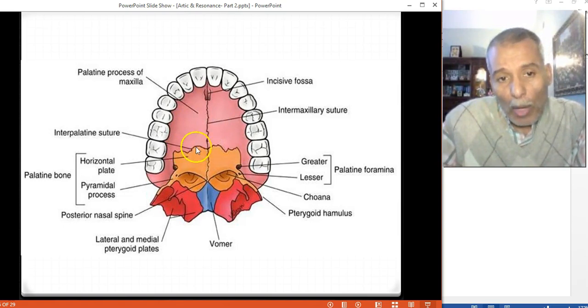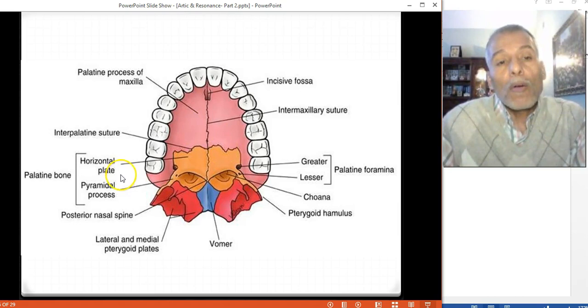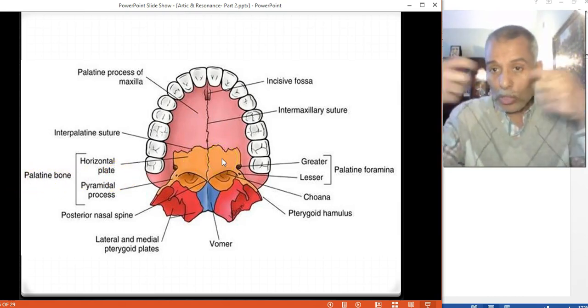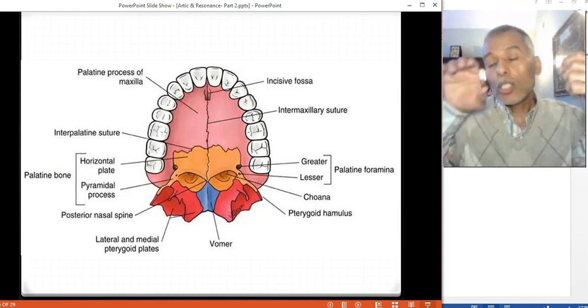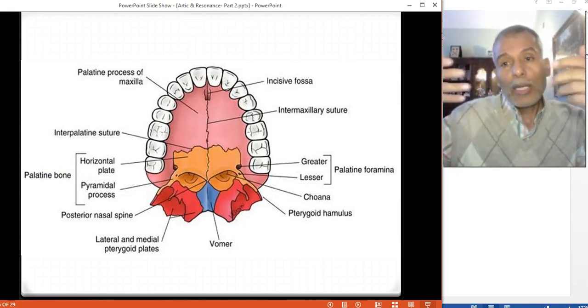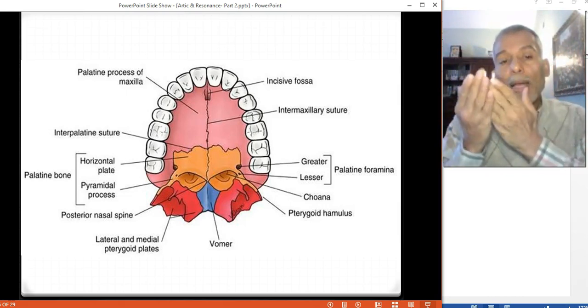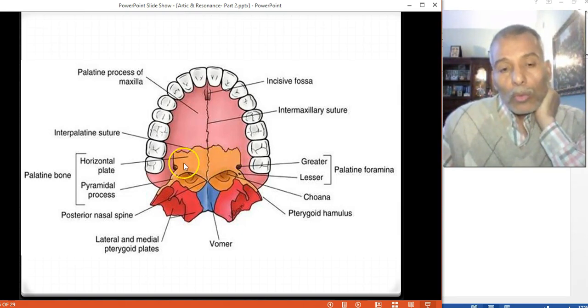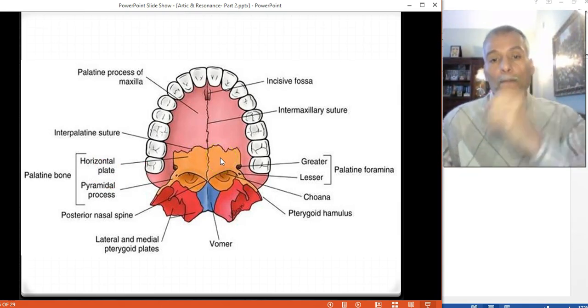So now the posterior segment of the hard palate is made up of the palatine bone, and the palatine bone again has two segments, left and right, and each segment grows out individually, and then they fuse at the midline from front to back. And these two areas of the palatine bone are known as the horizontal plates. So here's one horizontal plate, and here's another horizontal plate.